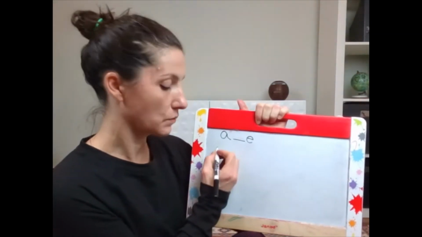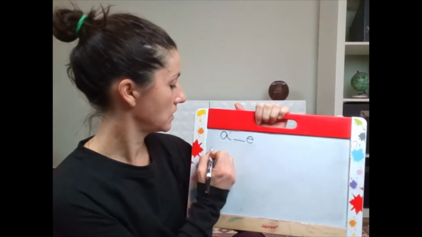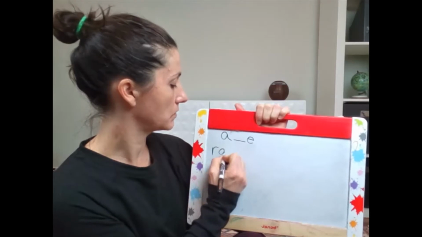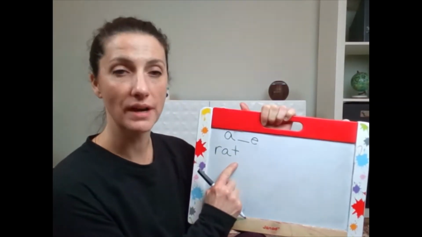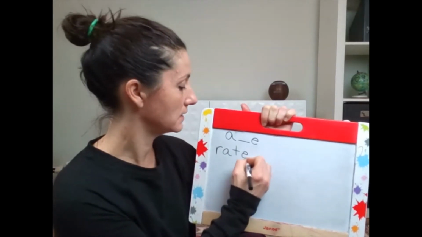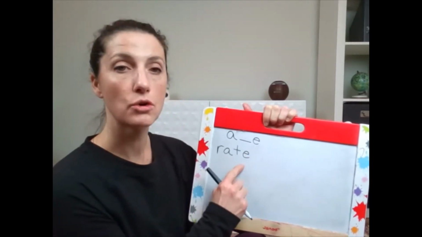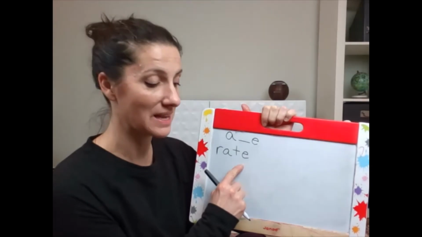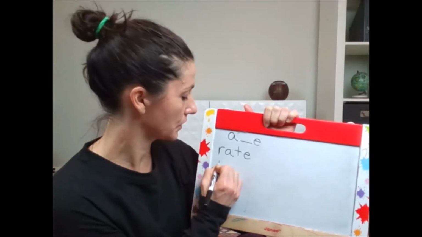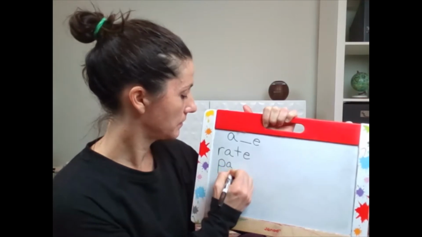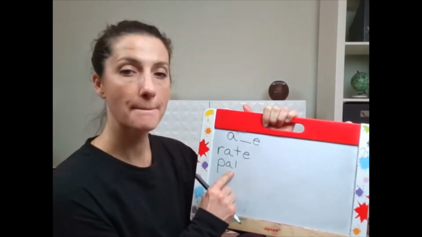If I have the word, for instance, I'll write the word, you say it out loud. What word is this? R-A-T? Rat, right. Now, if I add the silent E to the end, I get rate, right? So we get that A sound, rate. How about if I have the word P-A-L, pal?